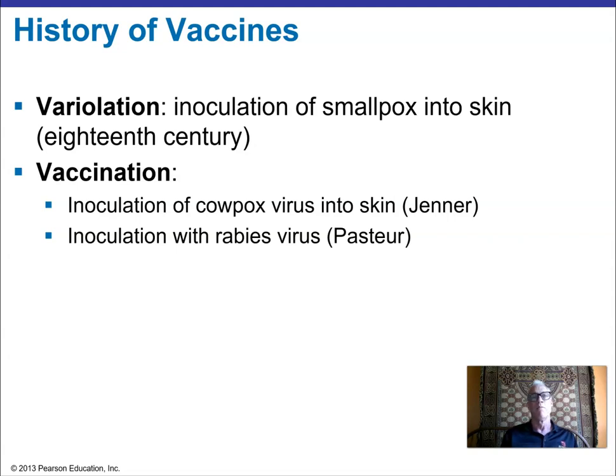And then finally, vaccination was introduced when Jenner observed that women who milked cows for a living or for part of their job on the estate were immune to smallpox. And there was a similarity between the cowpox virus, a relatively mild disease-causing virus, and the smallpox virus.